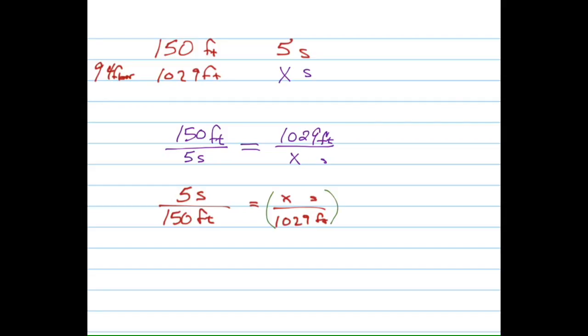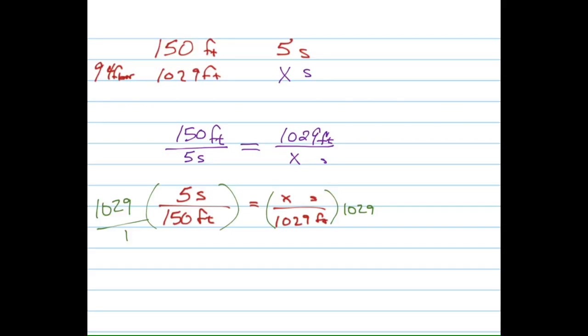So I'm going to multiply both sides by the 1029. So think about what you need to get away from the X and how you do that. Now, I don't think we can reduce the 1029 and the 150. Well, we can by a factor of 3 if you really want to. 3 goes into 1029 343 times. I don't think it's really going to get us much, though.